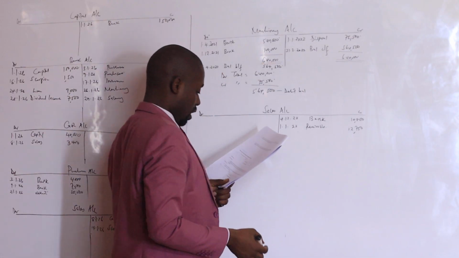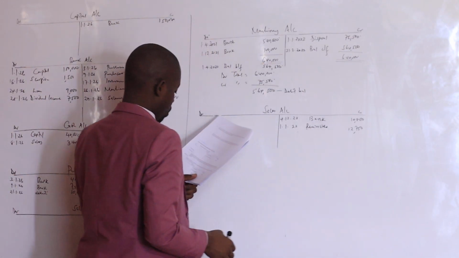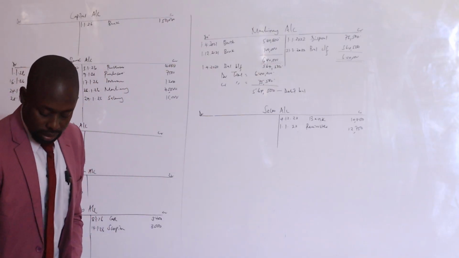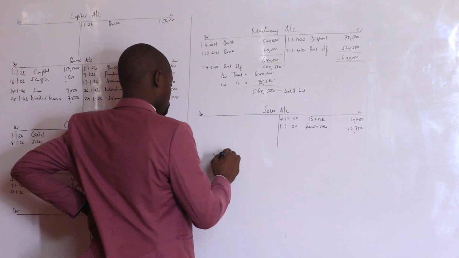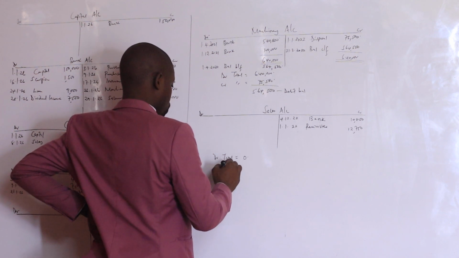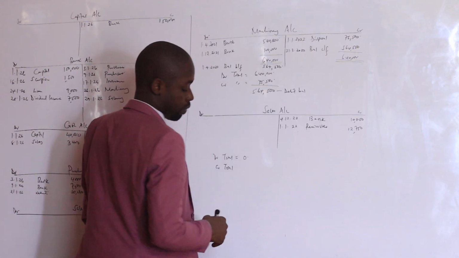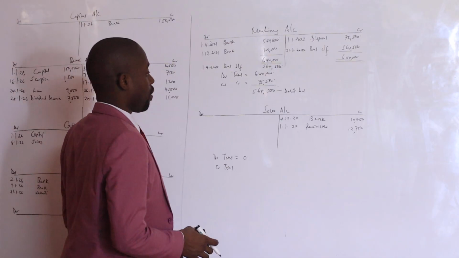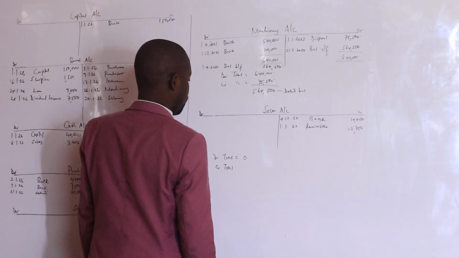We are calling accounts receivables. So we are told to balance. How do we balance? Debit total is 0. Credit total is 10,800 plus 12,750. That is what? 23,550.